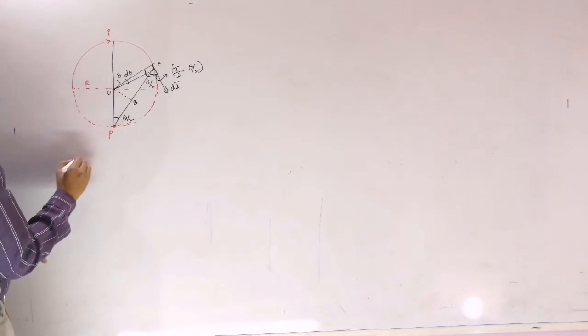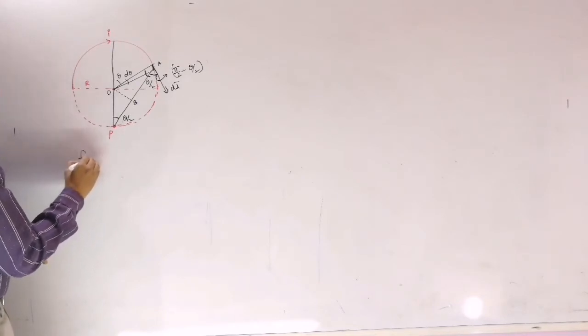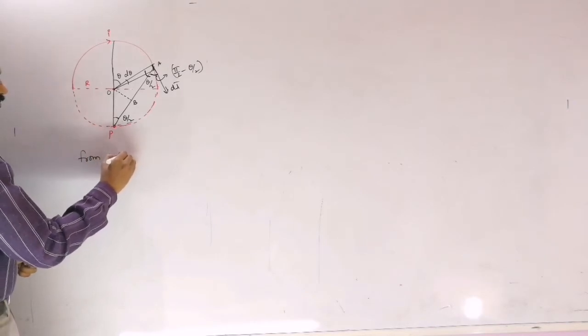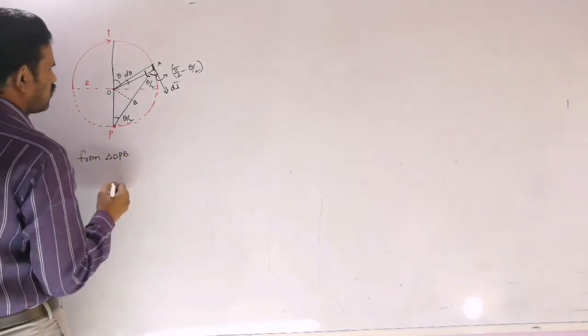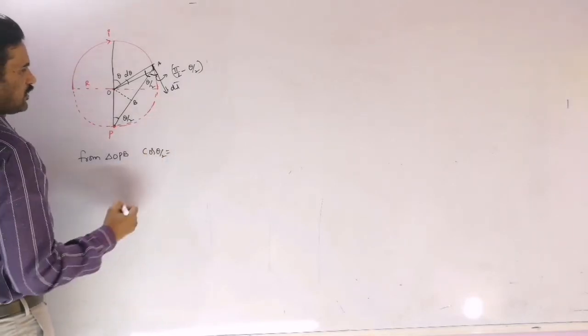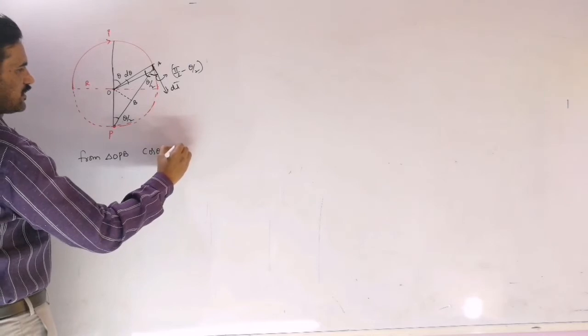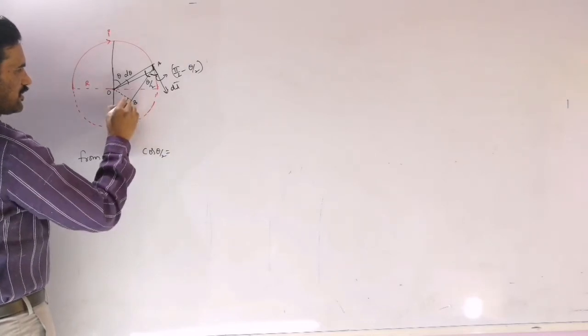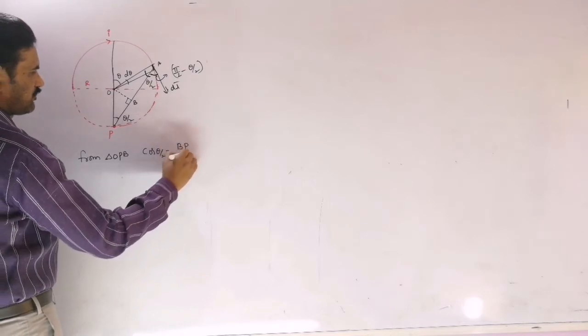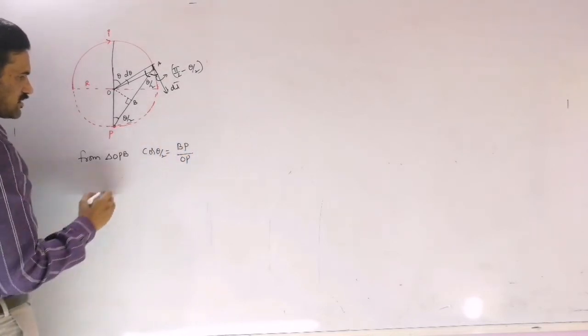Therefore what I can write here is, from triangle OPB, cos theta by 2 is equal to, this angle will be 90 degrees here, so BP by OP we can write.